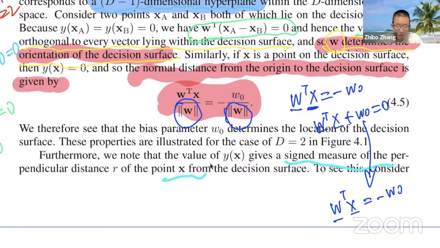It's going to be a unit vector. Its length doesn't matter, but its orientation matters. It points in the direction of W. So here what it says is that we want to eliminate the effect of its length and only focus on its orientation.